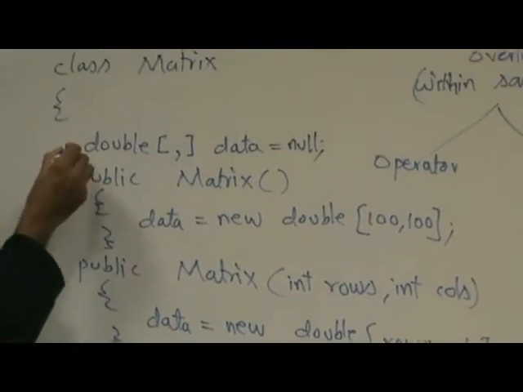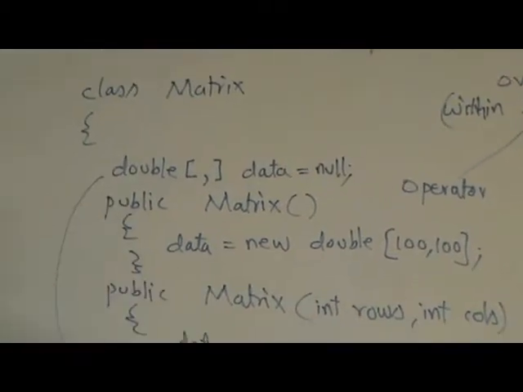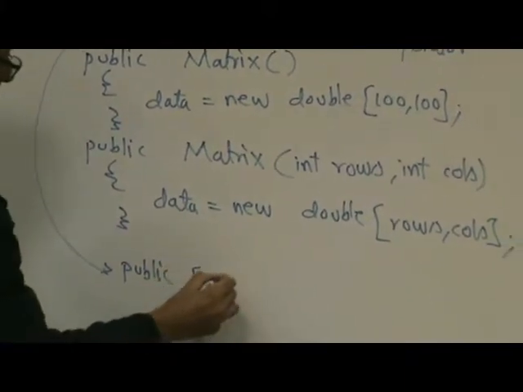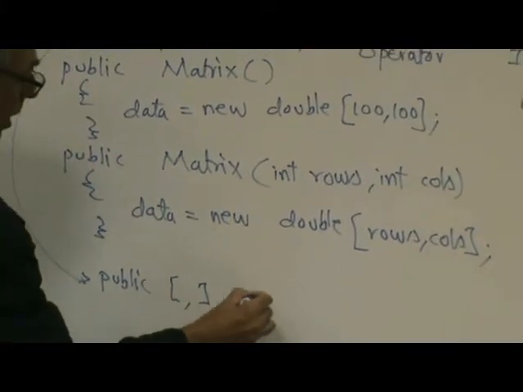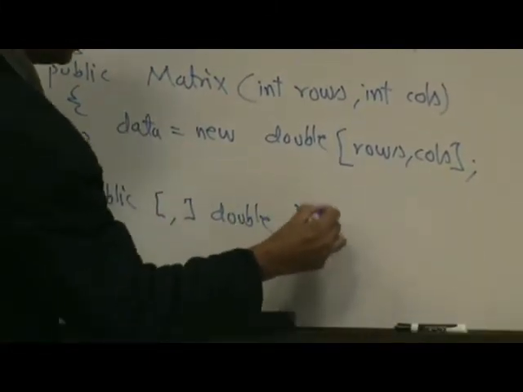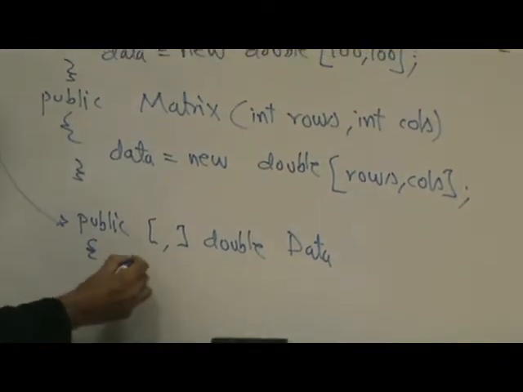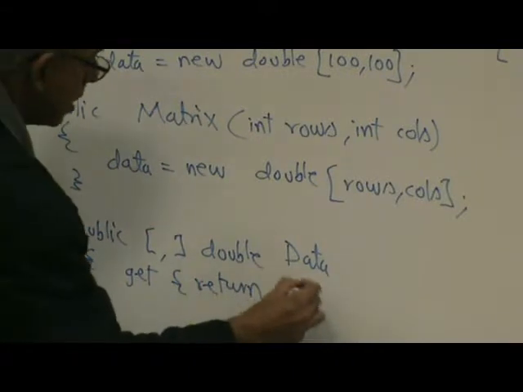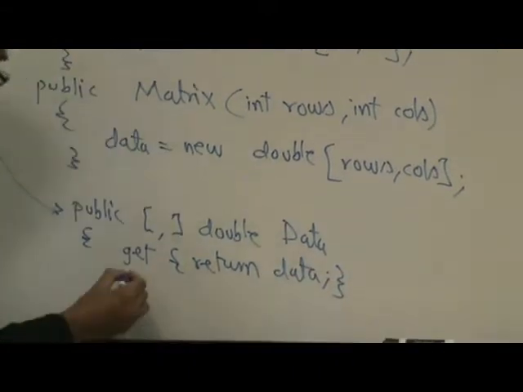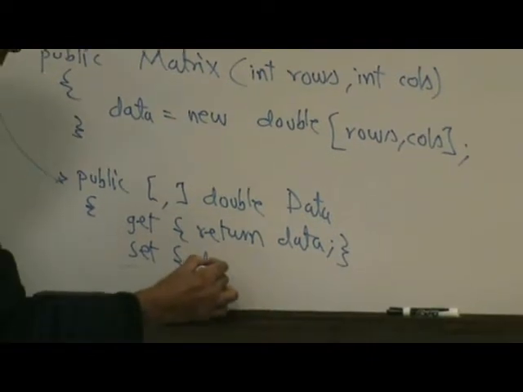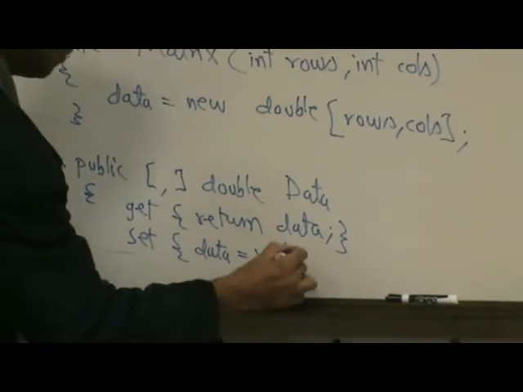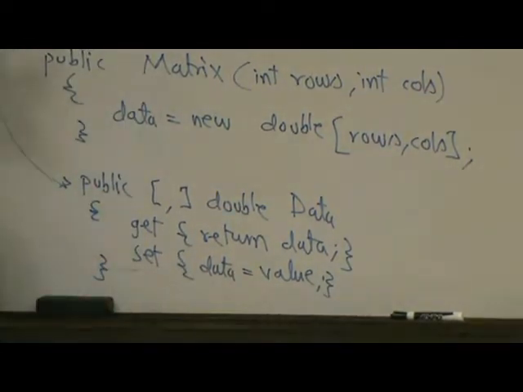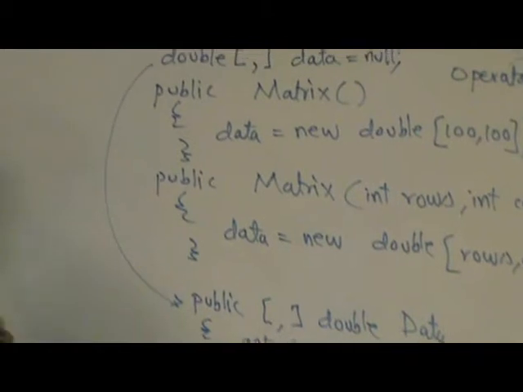And also pretend we exposed this as a public property. So we did public double data, and we said get return data, and we said set data equal to value. So let's pretend we also have the corresponding public property for our matrix, right?